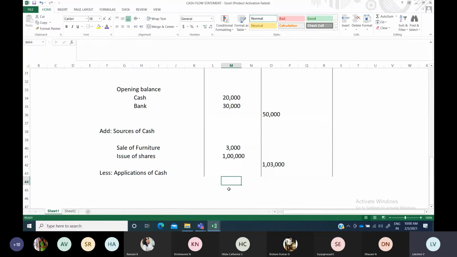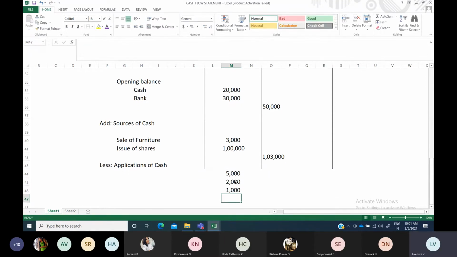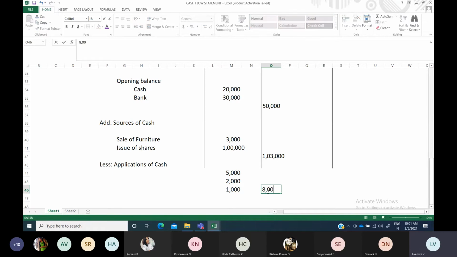You can add all the items and then subtract each and every item, like 5,000, some amount is there, you can add all this together. It can be anything: purchase of machinery one item, and then repayment of loan, redemption of shares and debentures. For everything you can add this together, 8,000, like that you can show.